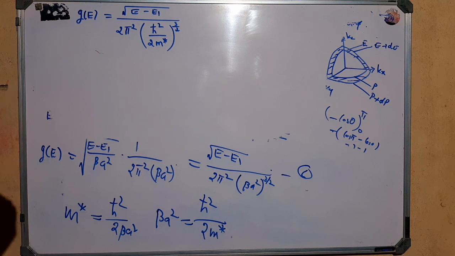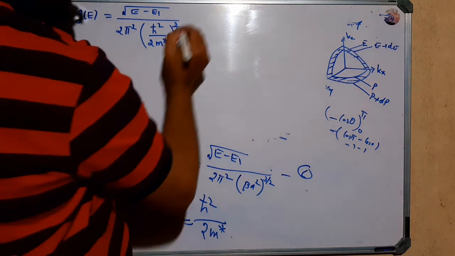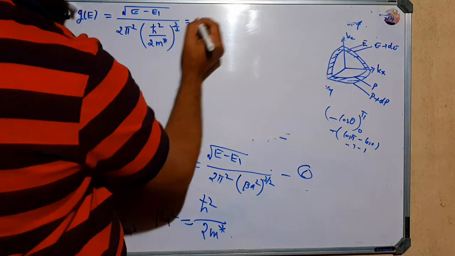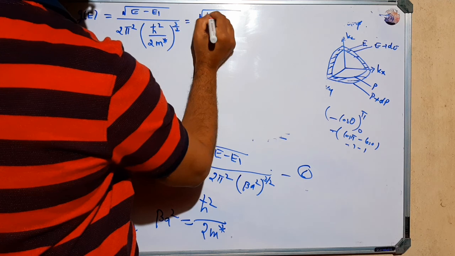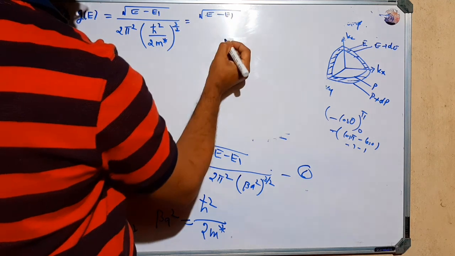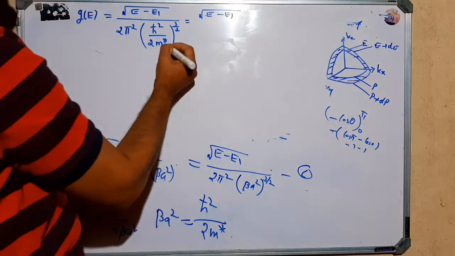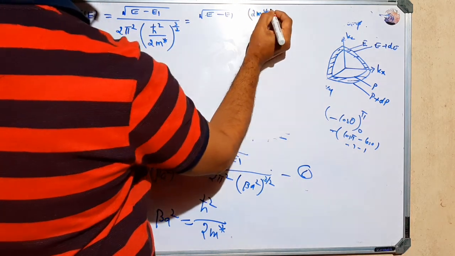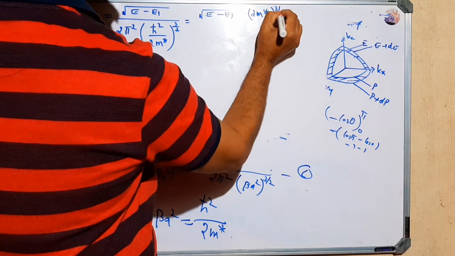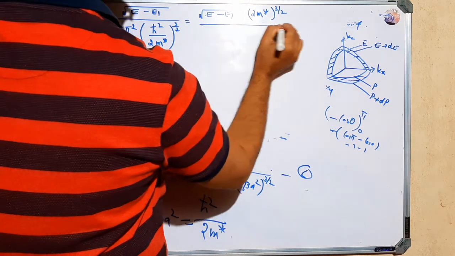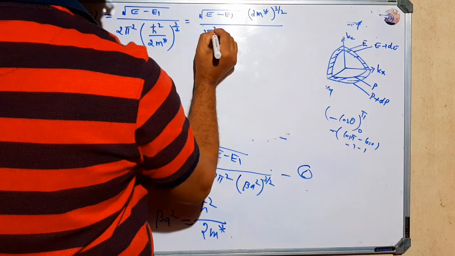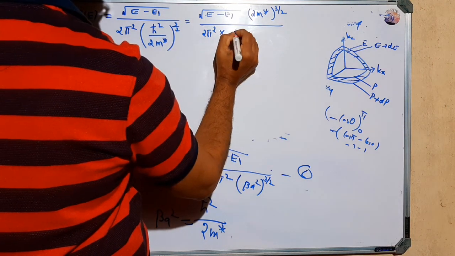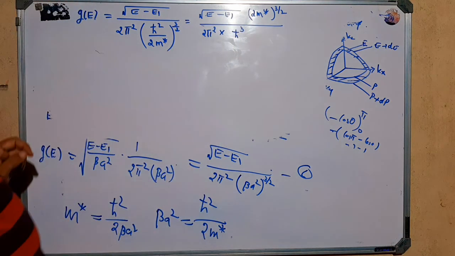So now you can simplify this. Right. This is equal to, so square root of E minus E1, then here 2m star to the power 3 by 2 comes to the numerator, divided by 2 pi square into h cut cube. Right.